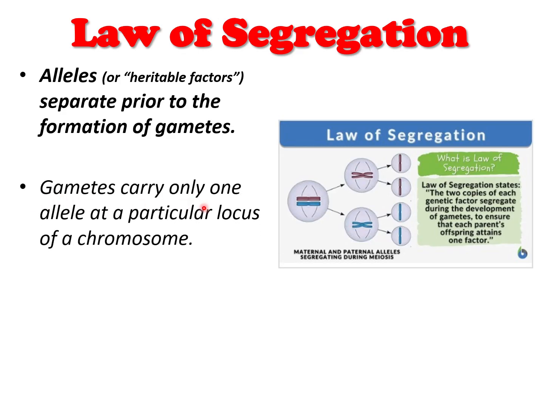Each gamete carries only one copy of a gene, so only one allele at a specific location, or in Latin, locus. So we know that a given gene can be found at a certain location on a chromosome. That's what this is saying here.